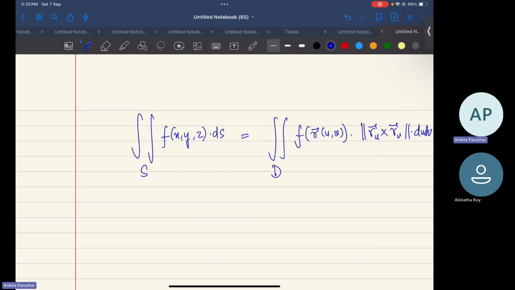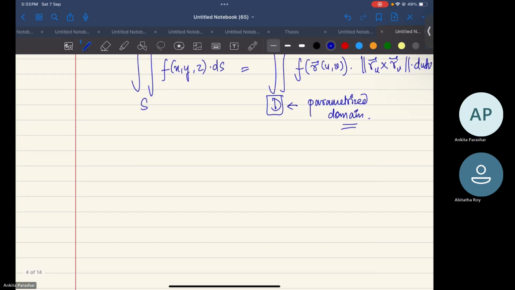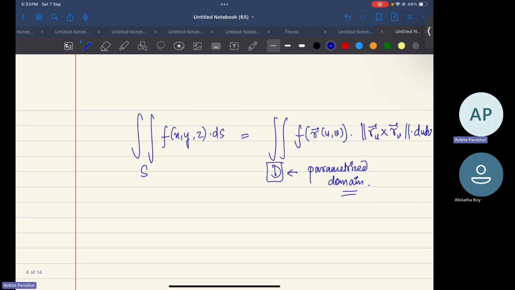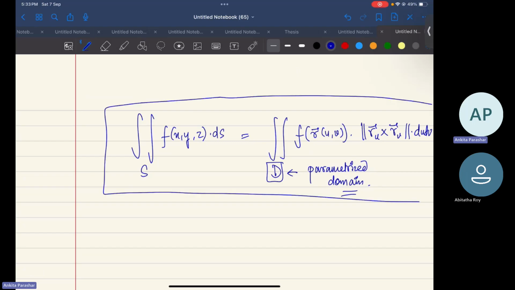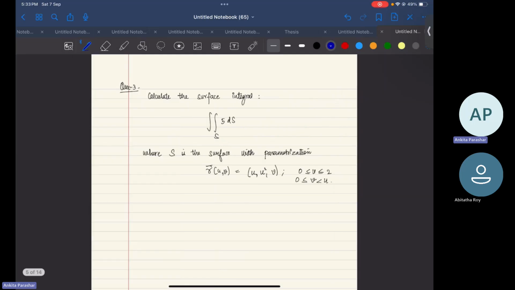Of course that domain is the parameterized domain. We will see how these things work in examples, but I want you to get used to this transformation, because only then can we compute the integrals over surfaces.